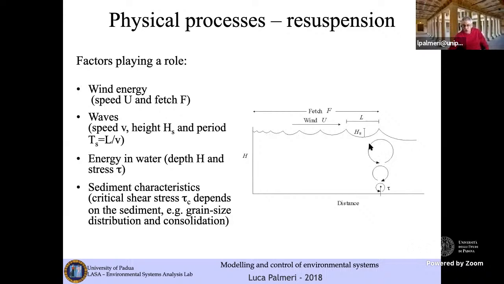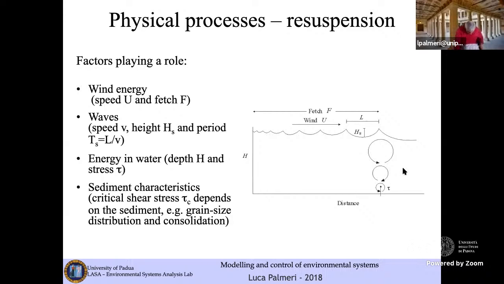This generates water loops that are propagated from the surface of the water body down to the bottom. When the depth of the water body decreases, that is, when we are reaching the shallower part of the water body, this water movement generates a shear stress tau on the sediment that may be seen as a vertical force moving sediment toward the upper part.